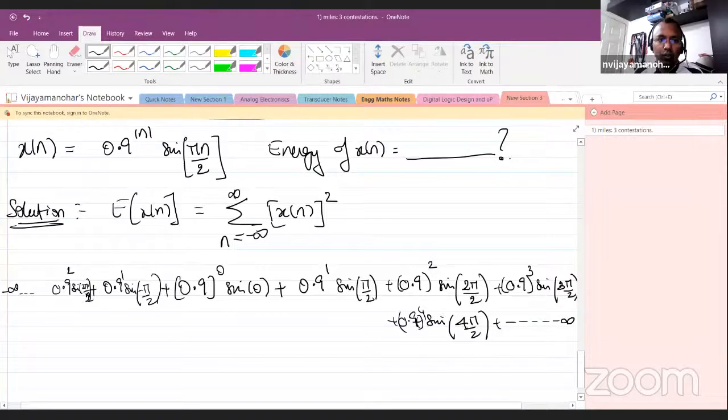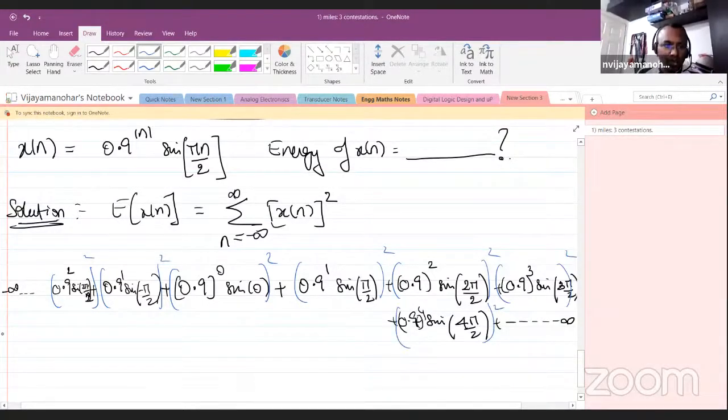Correct? And of course, every term has a whole square, because x square is what is being considered. So this is the x, so x squared will be coming, and so on.